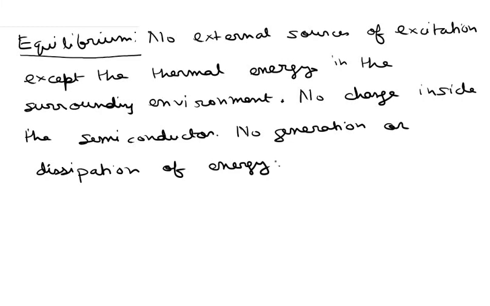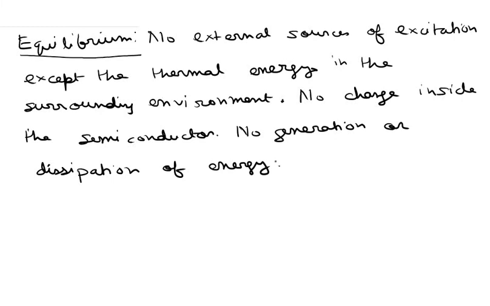So what can thermal energy do? Again, thermal energy can basically excite the electrons from the valence band to go to the conduction band, and this creates electrons in the conduction band and holes in the valence band. So this is what thermal energy can do, but there is no generation or dissipation of energy.